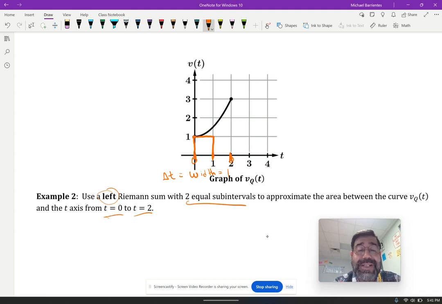And then I'm going to go to the next subinterval. The next subinterval starts at 1 and it ends at 2, but I'm using the left side, so I'm going to start at 1 and go all the way up until it hits the curve and then go over, and that's going to determine the height of the second rectangle.